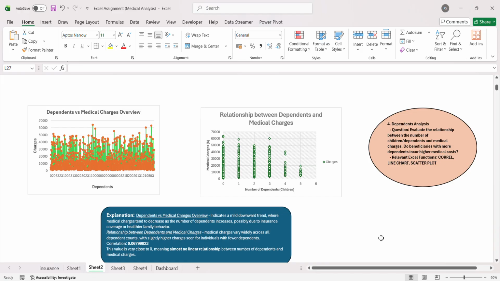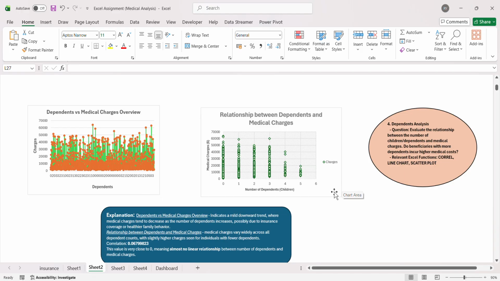Moving forward, the dependents analysis. On the left hand, we have the chart of dependents versus medical charges overview. It indicates a mild downward trend where medical charges tend to decrease as the number of dependents increases, possibly due to insurance coverage or healthier family behavior.